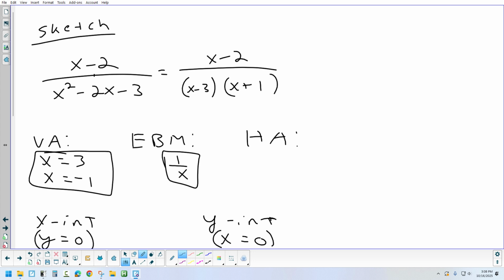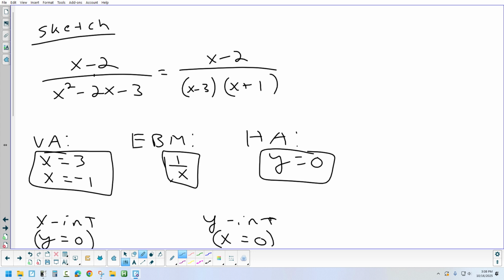Now, let x approach infinity, and that's your horizontal asymptote. What happens to this fraction as x approaches infinity? It gets closer to 0. So my horizontal asymptote is y equals 0.